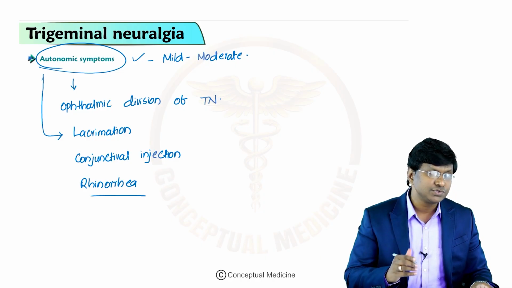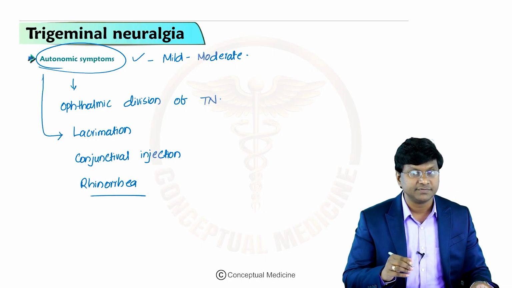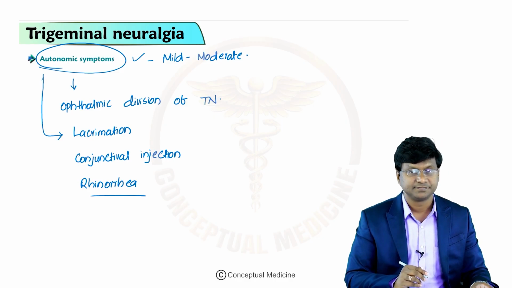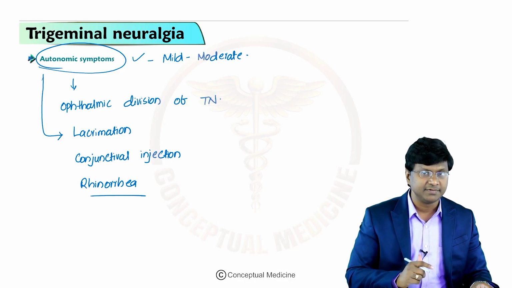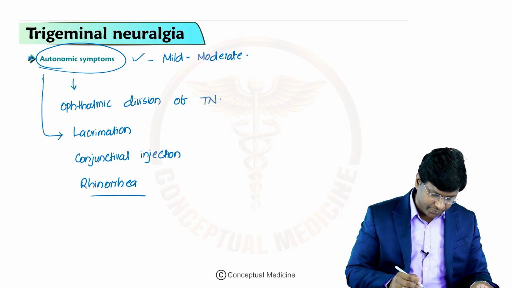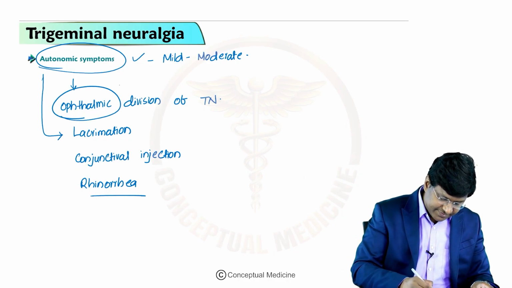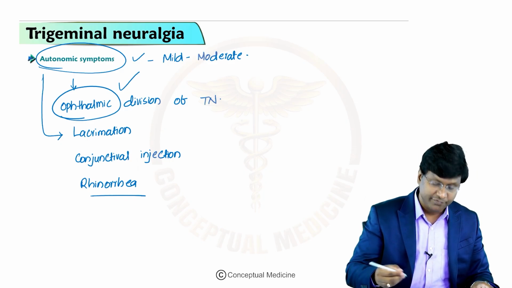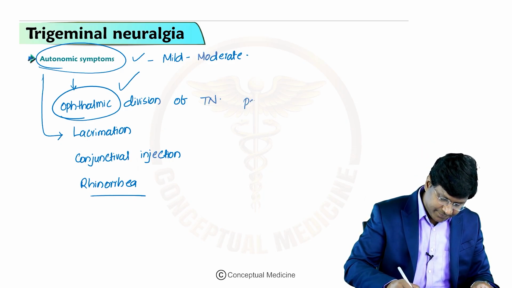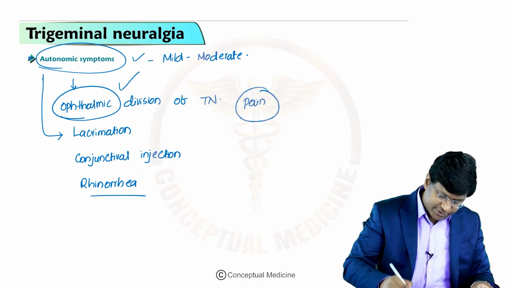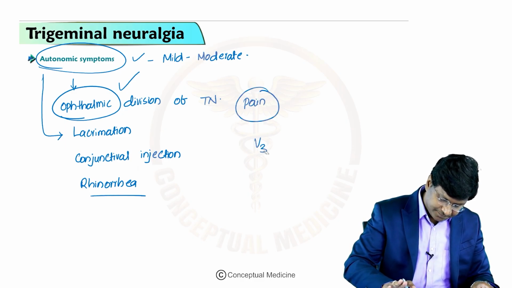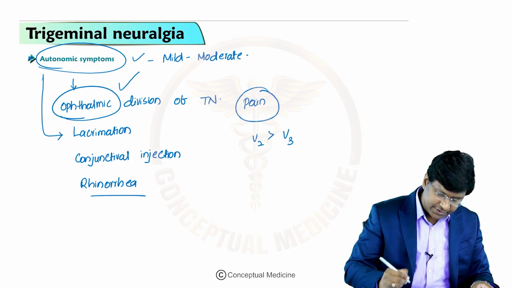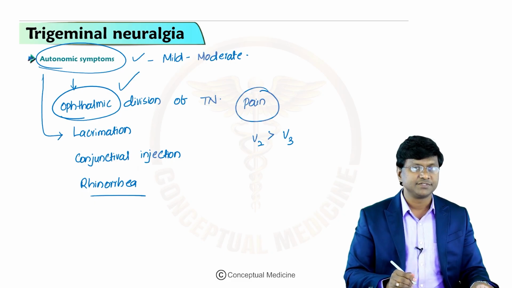The most common division of the trigeminal nerve involved in trigeminal neuralgia is the maxillary division, followed by the mandibular division. You have to understand one important point here: autonomic symptoms are most common in the ophthalmic division, but the pain is more common across the maxillary division, followed by the mandibular division.